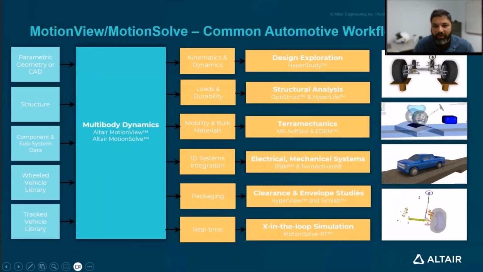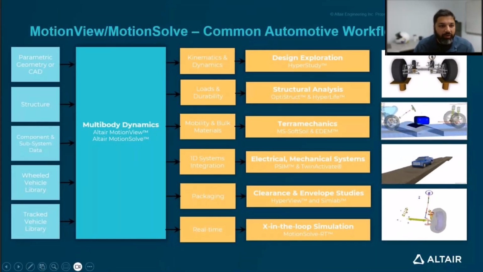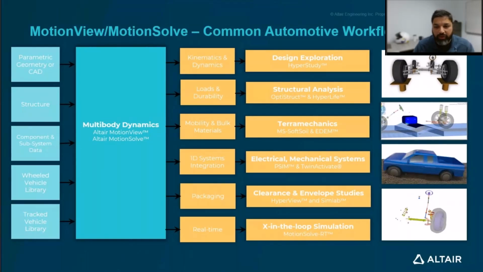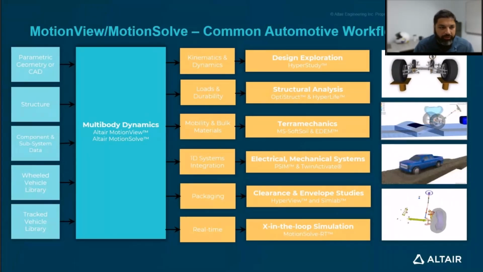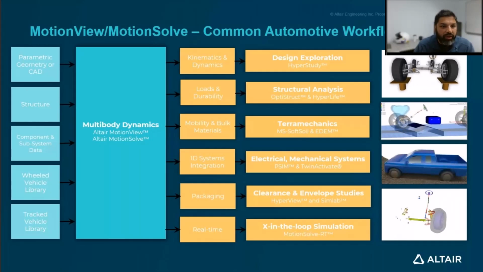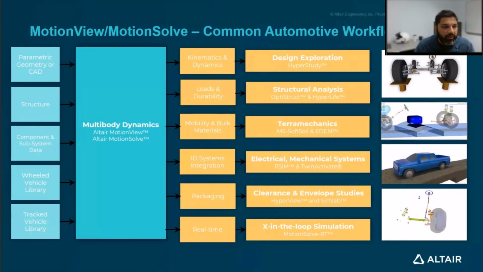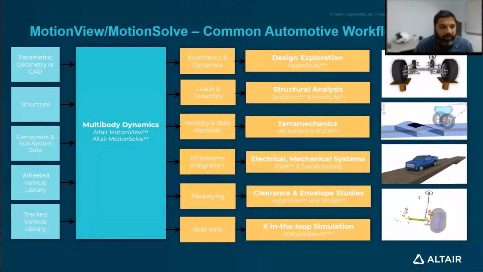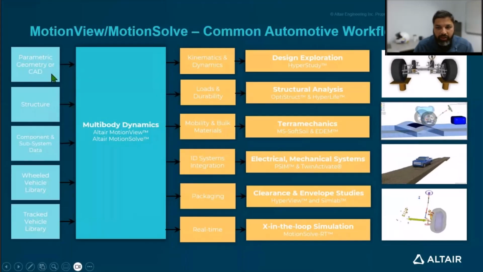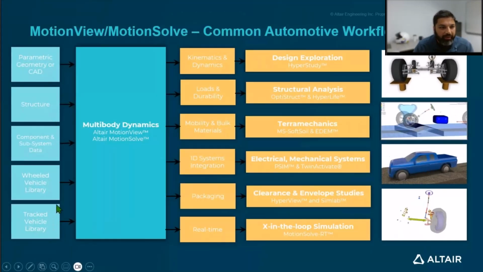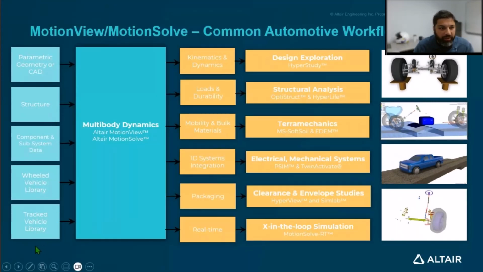I will very briefly talk about common automotive workflows that MotionView and MotionSolve are being used for today. If you see on the left side of the screen, those are all inputs to MotionView. In the automotive world, there's typically either parametric geometry or CAD. There's some structure or finite element models.